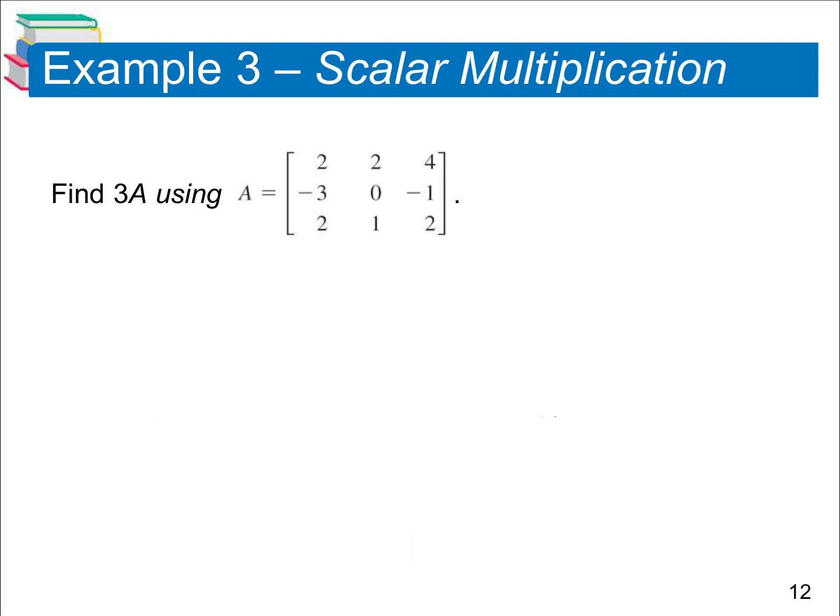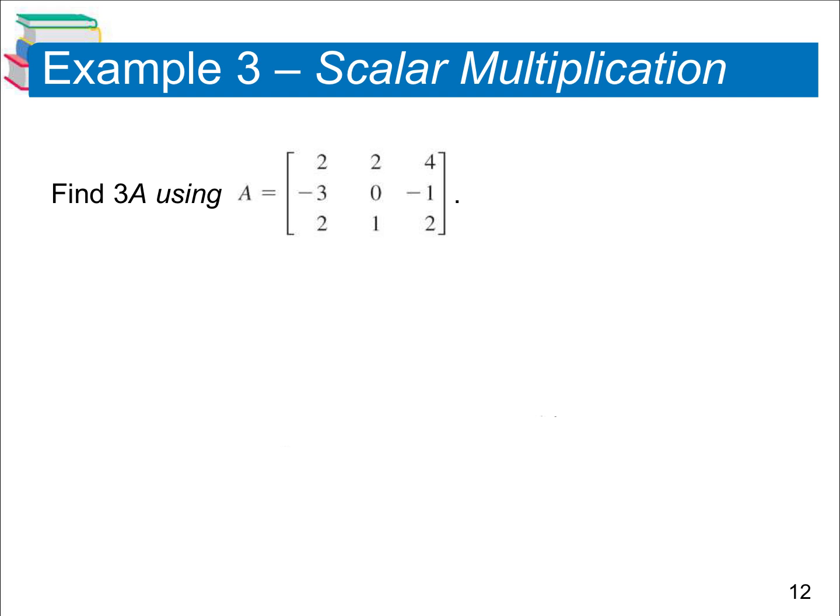For your next example, we are doing 3 times A. When you multiply something into a matrix, you can just multiply all of the terms within the matrix by that number. In this case, 3 times A means you're going to multiply all 9 of those numbers inside your matrix by that 3.